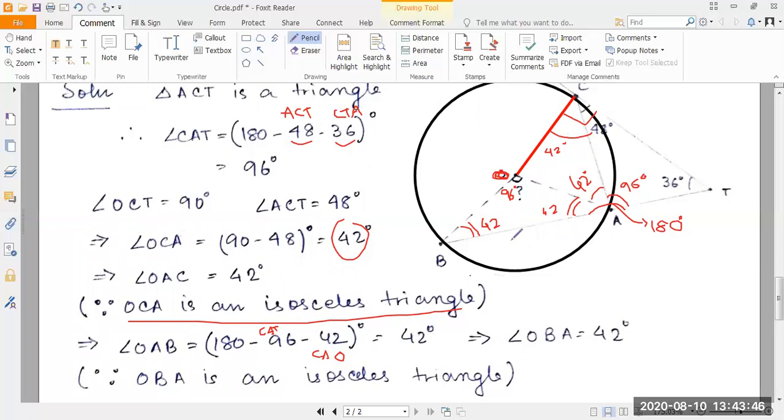The first sum that we did had some amount of theory, that is some theorems pertaining to this chapter, and some calculations. The second sum that we did was primarily theory. In fact, it had zero calculation whatsoever. And this had a little bit of additions and subtractions, not much. Essentially these three sums cover the typical sums that come from the chapter of circle.